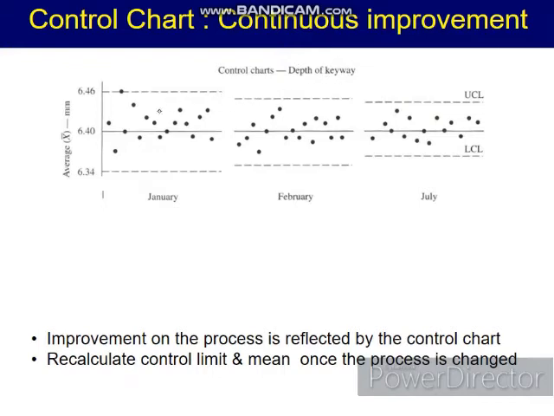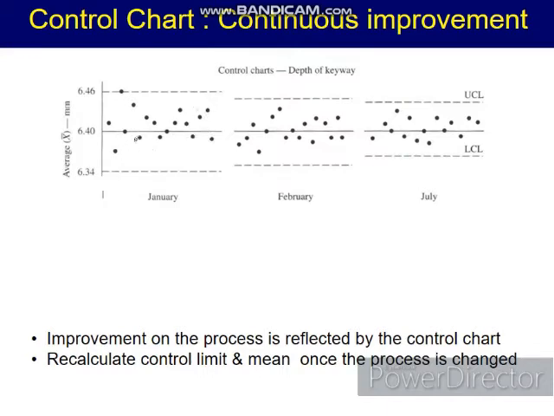So you measure the depth in millimeters, and you plot it on the control chart, right? Again, as mentioned earlier, no matter what process, you have some process variability. For example, this is the control chart for the depth of the keyway in January, and you can see the spread of the data.